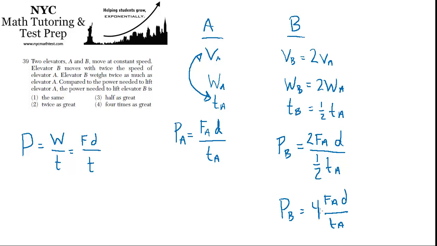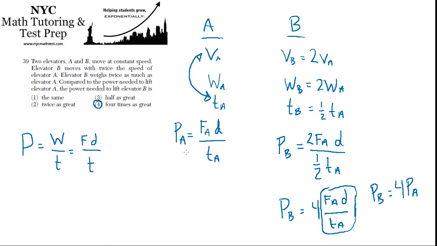So it's 2 over 1/2 is 4, and then everything else in this expression, this whole thing here, F sub A D T sub A, is exactly the same as the power of elevator A. So one more substitution and we can say PB, power to operate elevator B, is 4 times the power to operate elevator A. So compared to the power needed to lift elevator A, the power needed to lift elevator B is 4 times as great.